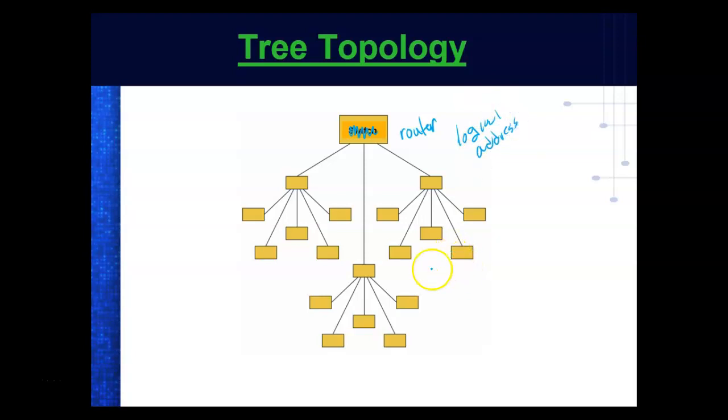So what a router lets us do is have multiple networks connected. And what we want is that this network doesn't interfere with this network, except when they're trying to send information, right?